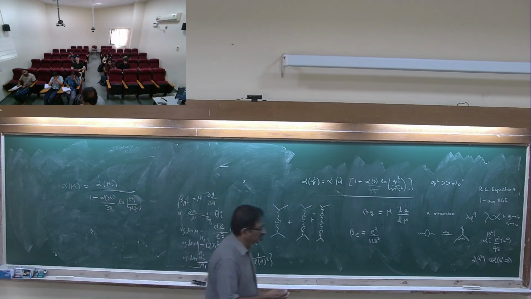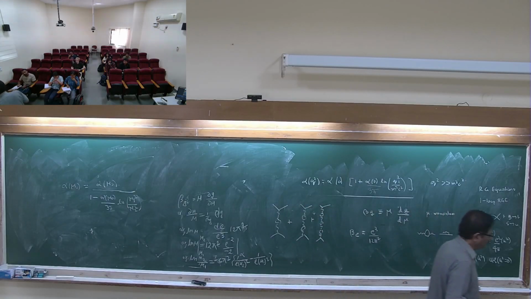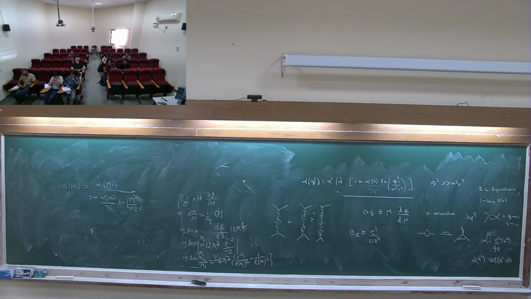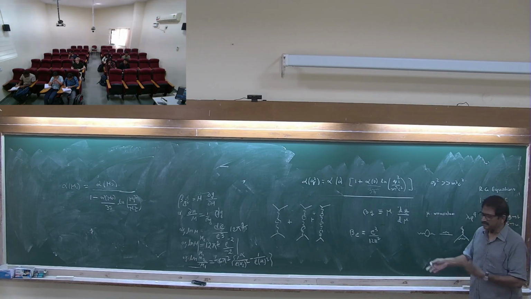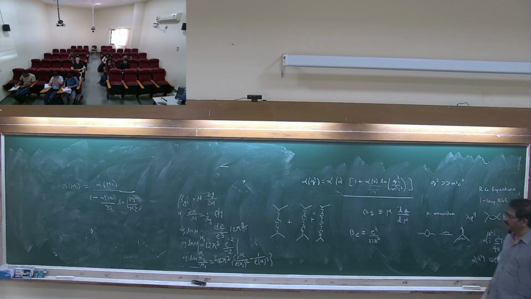And what is the candidate for such a theory where the beta function may be negative? That candidate is non-abelian gauge theories. So that is how you arrive at non-abelian gauge theories, as the only possibility where you can have this property where the beta function is negative, and such theories are called asymptotically free.